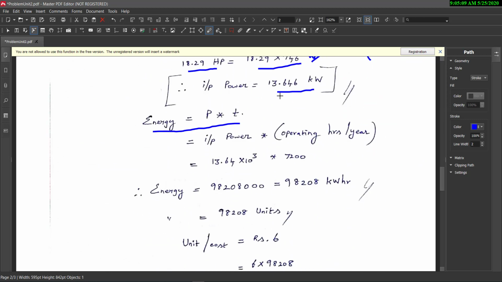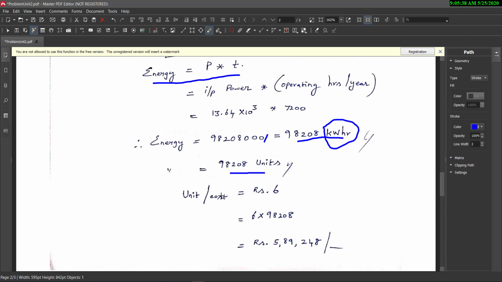Substituting these two known data, we get 98,208 kilowatt hours. And 1 unit is equal to 1 kilowatt hour, so that is 98,208 units.